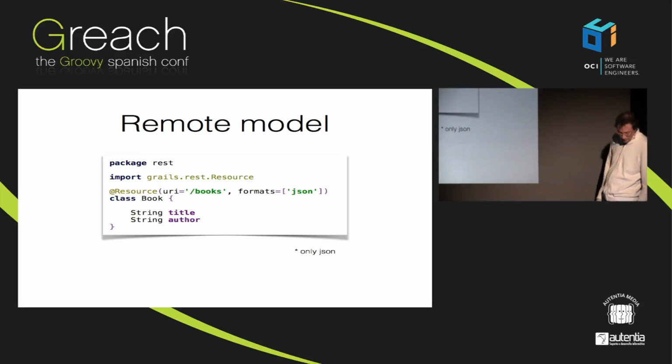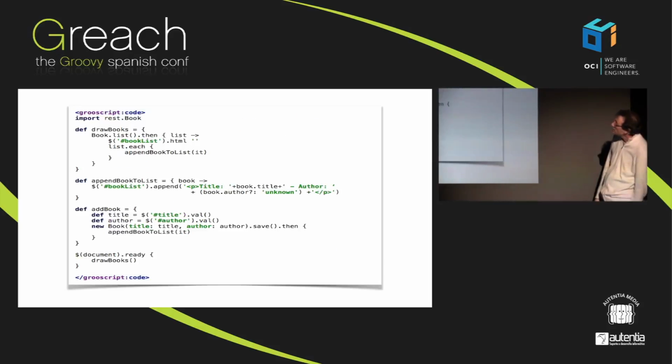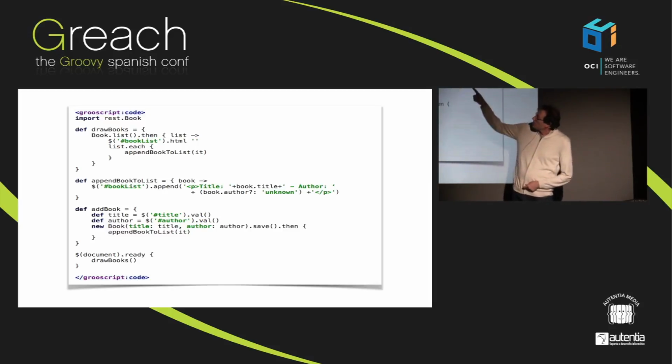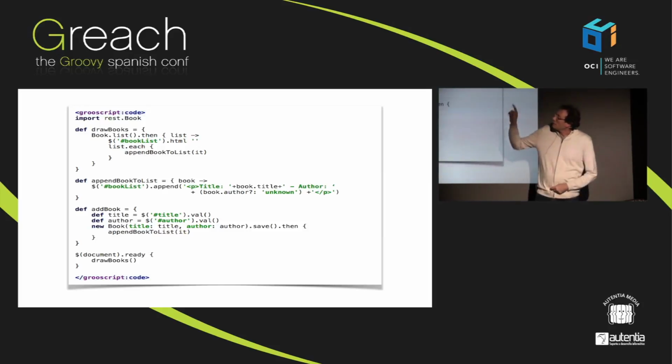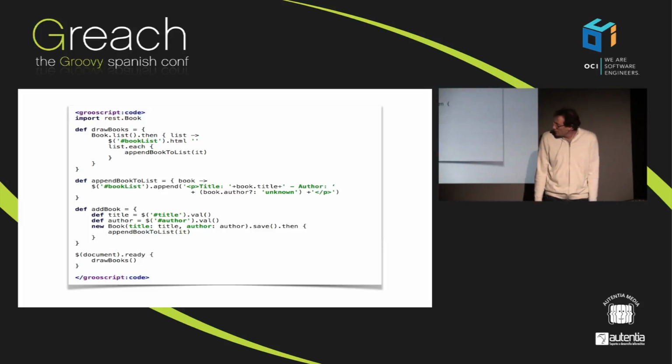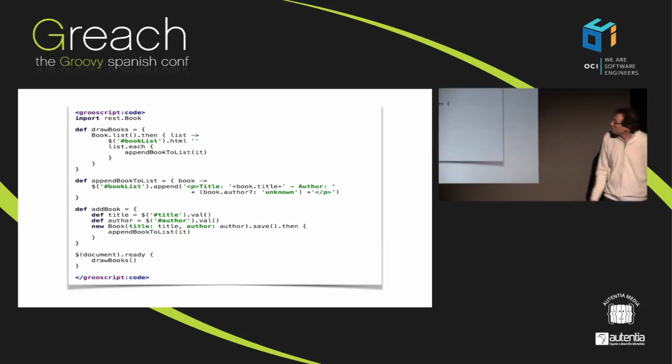And for example, for this domain class, here is an example using that. It's using a future pattern, because, for example, at the top, you can see I do book dot list, and then it's an asynchronous call, and in the return, I do something. It's just a few examples of things you can do. As usual, it's Groovy code.